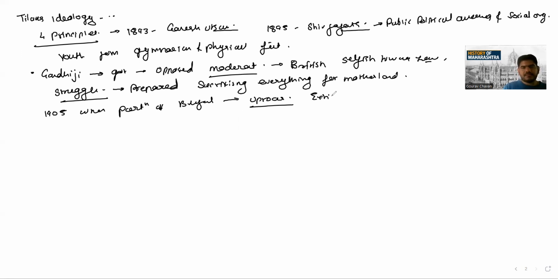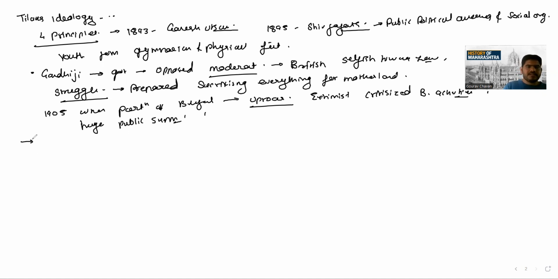Extremists heavily criticized the British activities, and they also got huge public support because they were fighting for the people, right? Huge public support, as I discussed in the previous session.